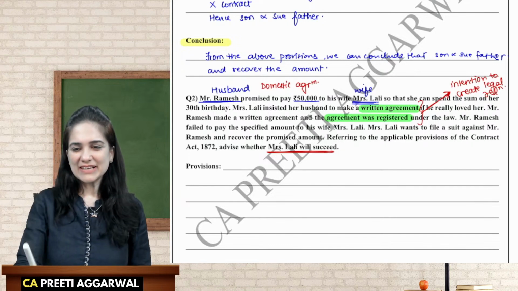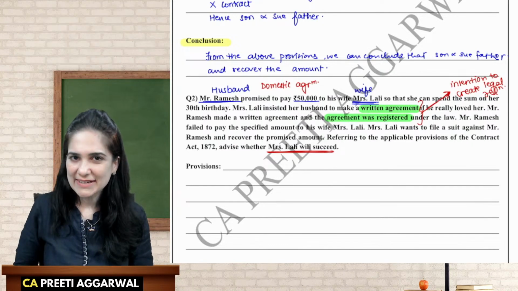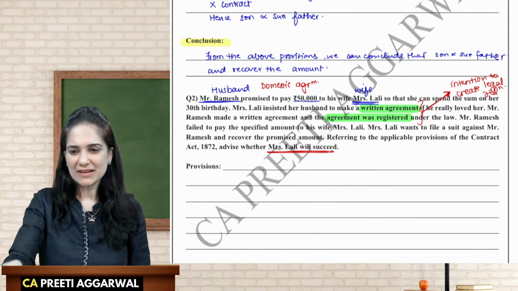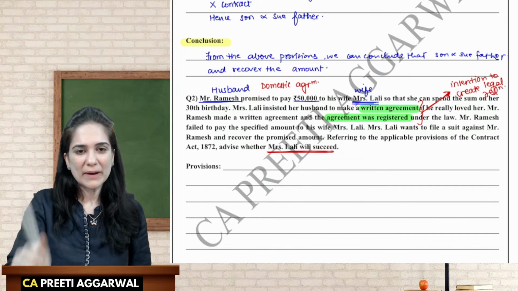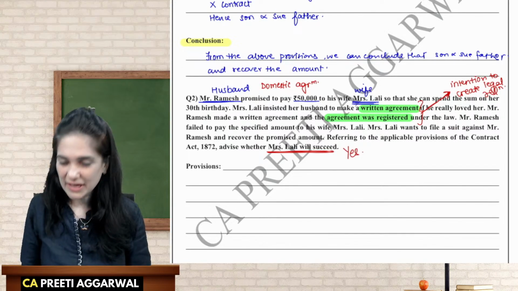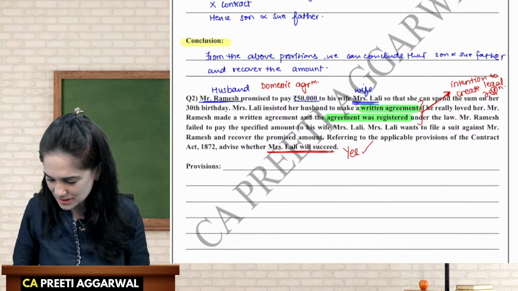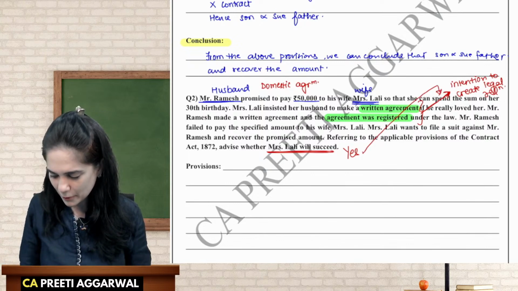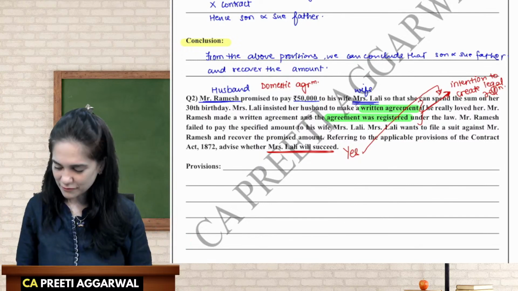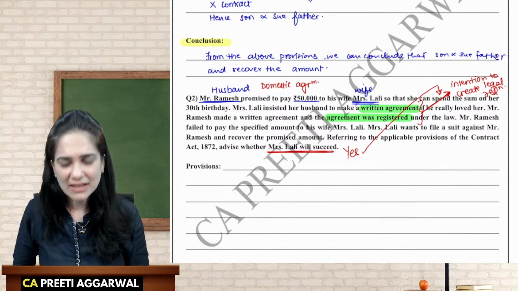Yes. Nitin, I'm so sorry you joined late, so you missed the concept. The ones who were present, Sahil, Sona, Sumesh, they were present during the lecture. Your answer is correct. Yes, she will win the case. Why? Because we induced enforceability. How?